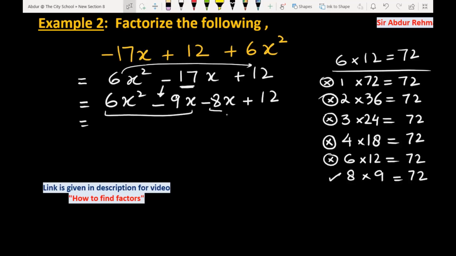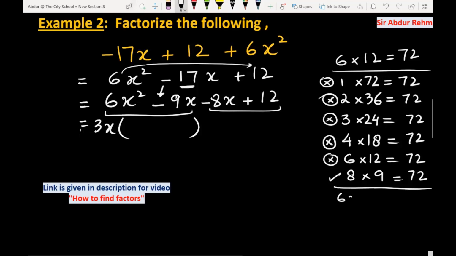By grouping, find the common factor. In the first group, 6 and 9 are divisible by 3. So 3 is common, and x, so 3x is common. In the bracket, you write the result of dividing. 6x squared divided by 3x is 2x.